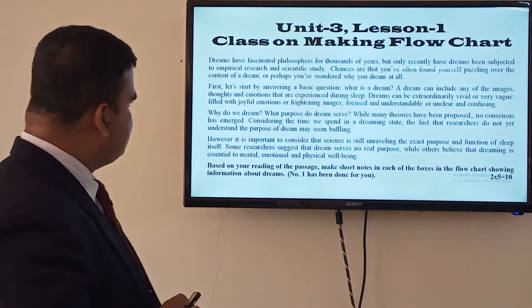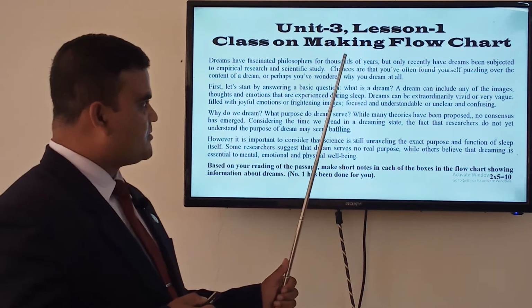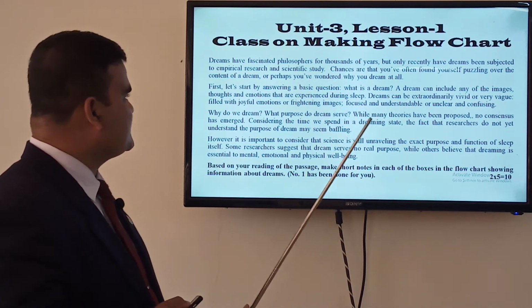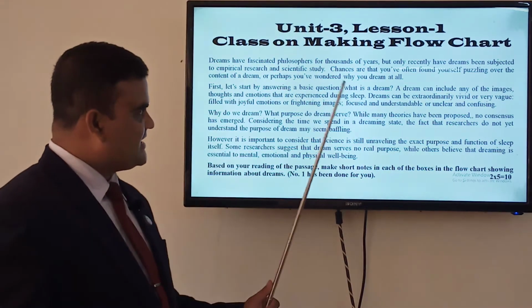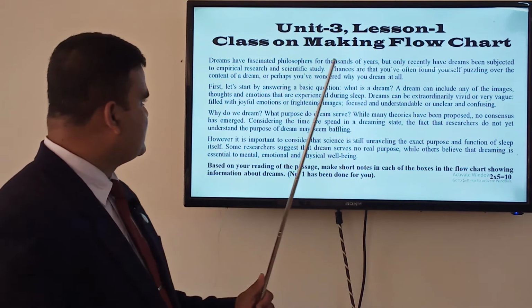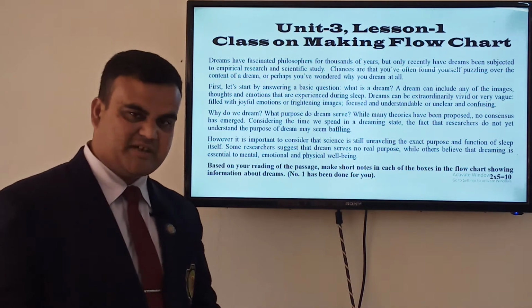Say, for practice: dreams have fascinated philosophers for thousands of years, but only recently have dreams been subjected to empirical research and scientific study. Chances are that you often found yourself puzzling over the content of a dream, or perhaps you wondered why you dream at all.